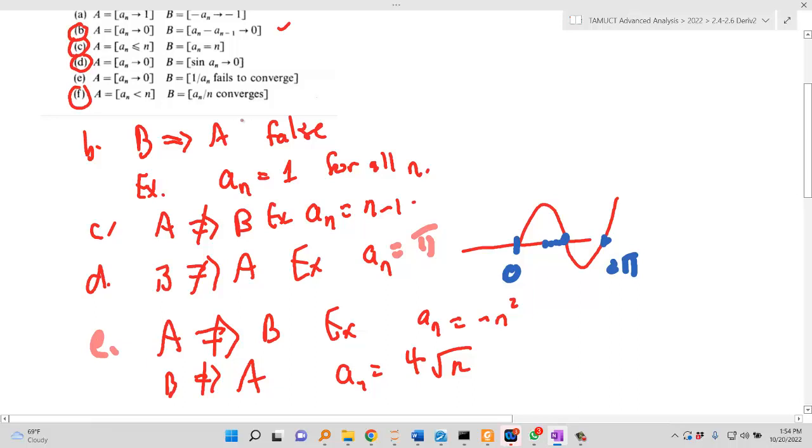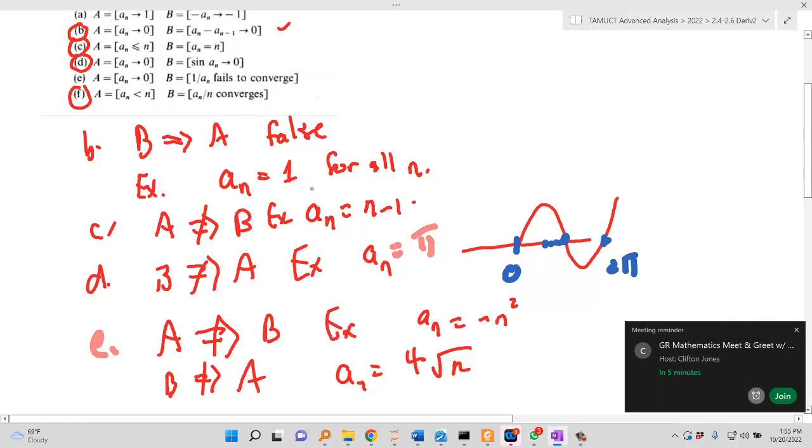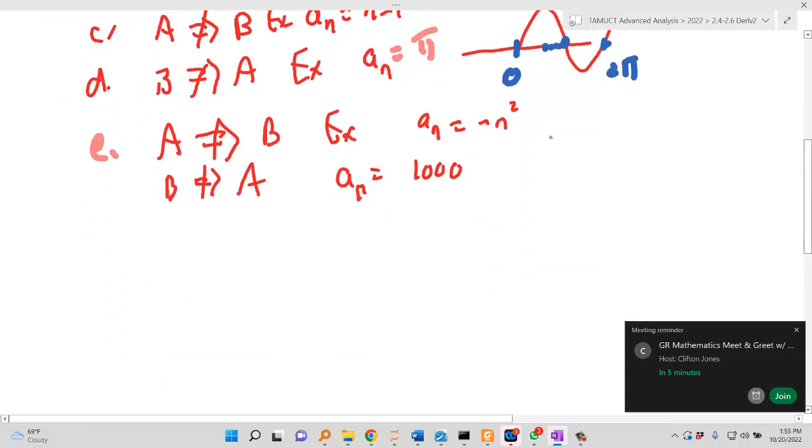Now, an over n converges. Actually, why don't I just make it easier for myself? I'll just say an is equal to 1,000 for all n. I just try to find the easiest one.